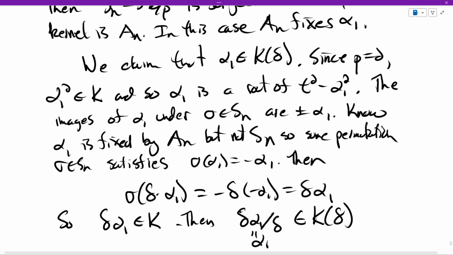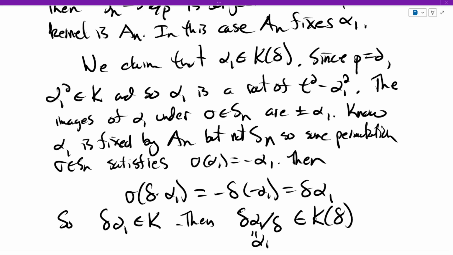All right, so alpha 1 is in K adjoin delta. So what we've shown here is we have constructed an extension where I go from K to K adjoin delta, and we have access to the root alpha 1.